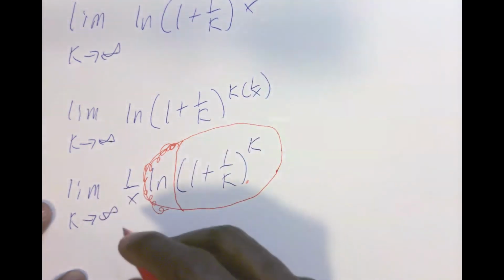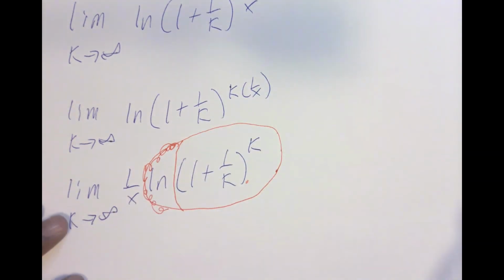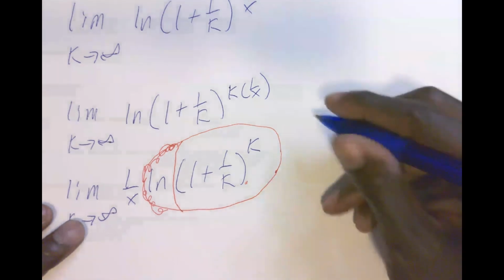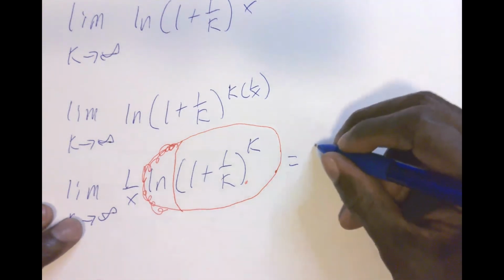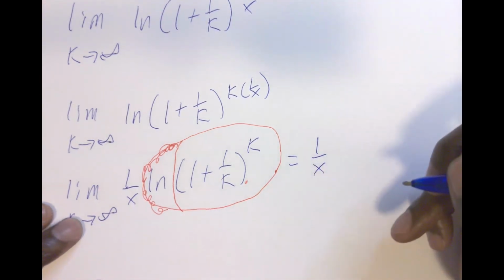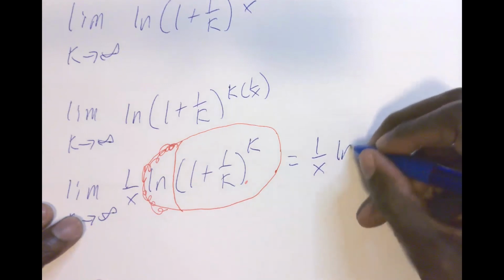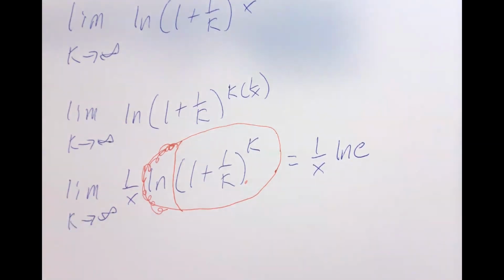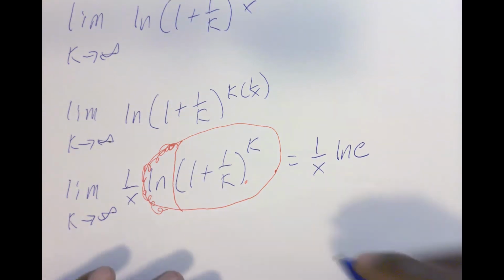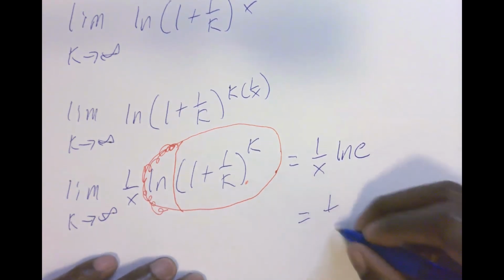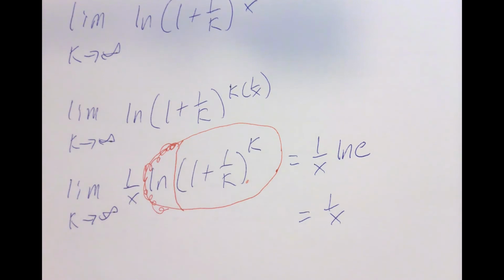So this is going to equal 1 over x times ln e. And ln e, of course, equals 1. And so this answer is 1 over x. So the derivative of ln x is 1 over x.